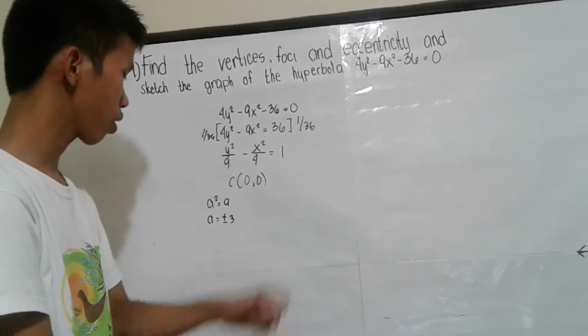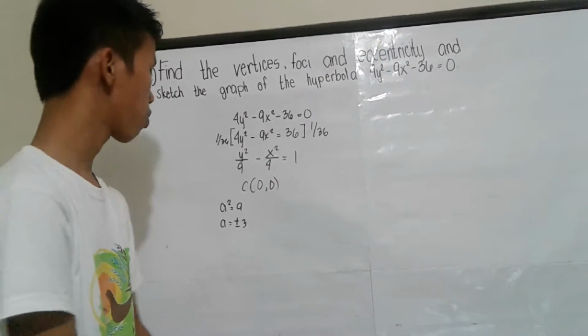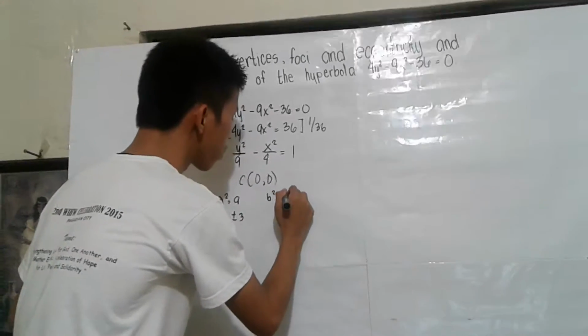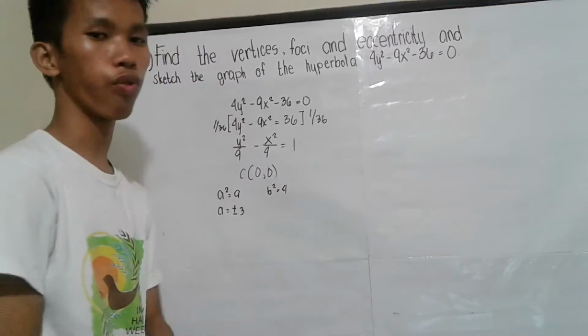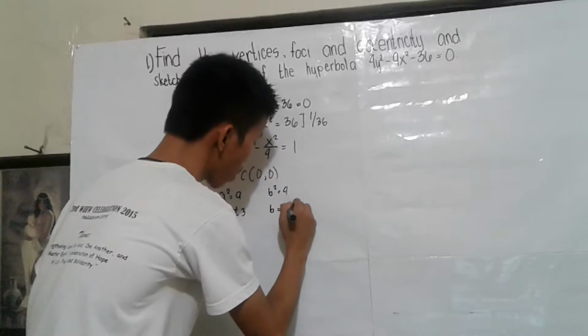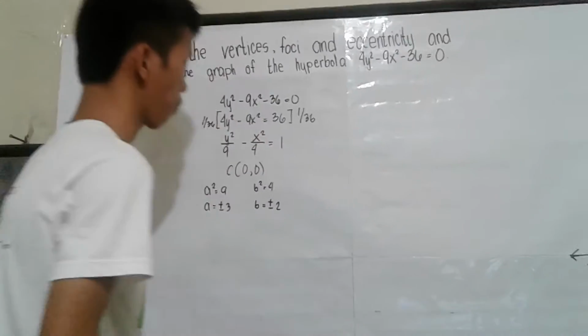Then the 4 is our b squared value. So the square root of 4 is 2. So b is equal to plus or minus 2.